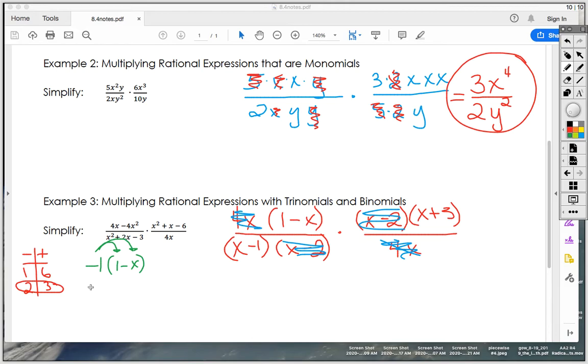That gives me negative 1 plus x. Now, because of the commutative property, I can then rearrange this so this becomes x minus 1.